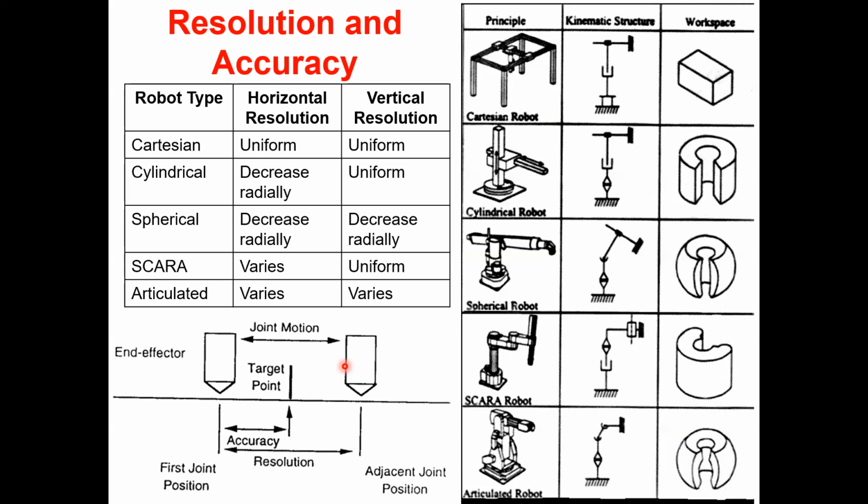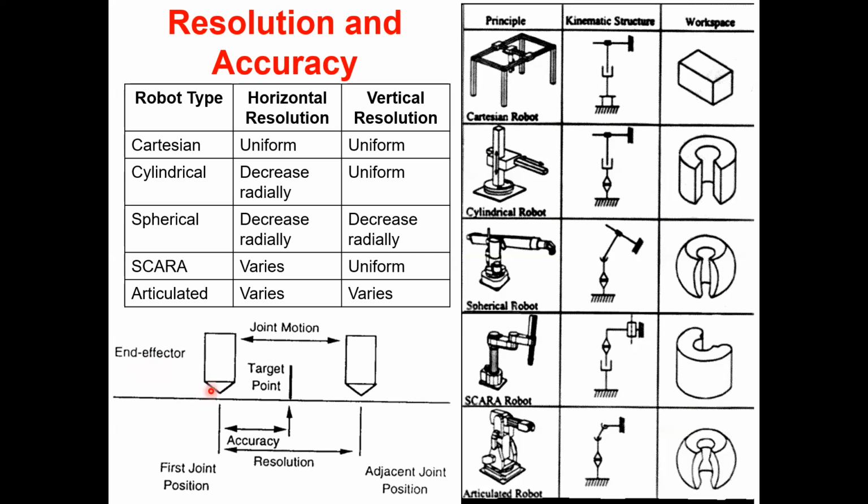If you have a welding manipulator, the end effector is the welding torch, the tool the robot is carrying. It can be a gripper, a laser cutter, a welding torch, it can be any tool. Okay, yes sir, thank you.